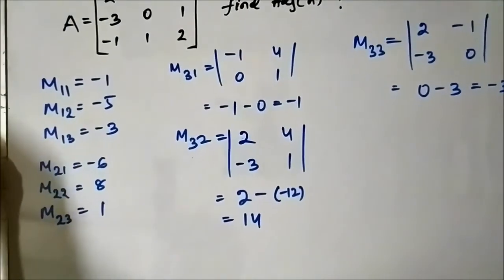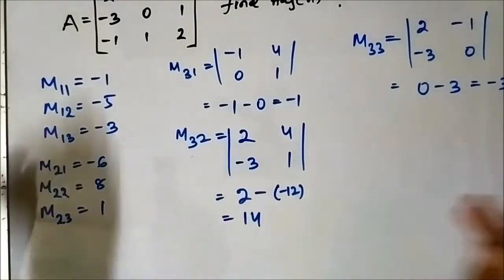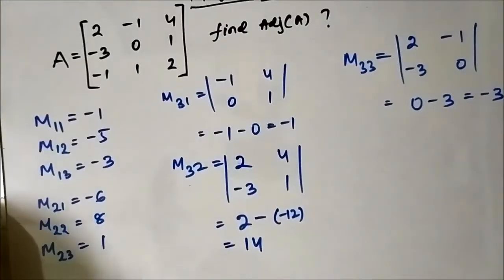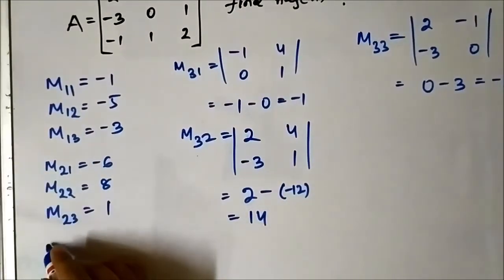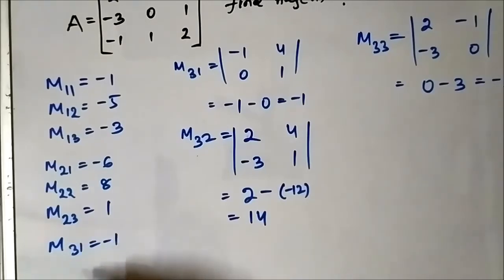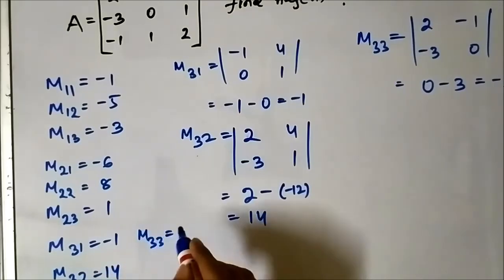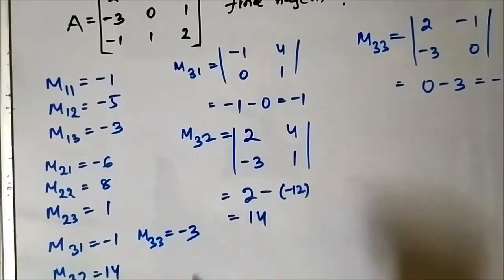So we have obtained the remaining 3 minors: M31 is equal to minus 1, M32 is equal to 14, and M33 is equal to minus 3.